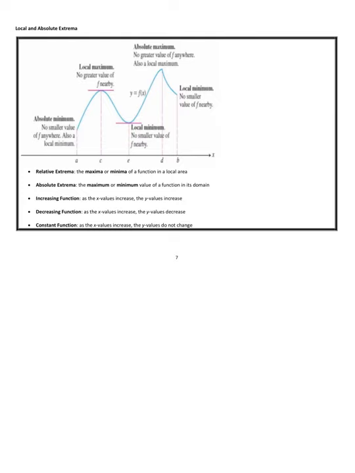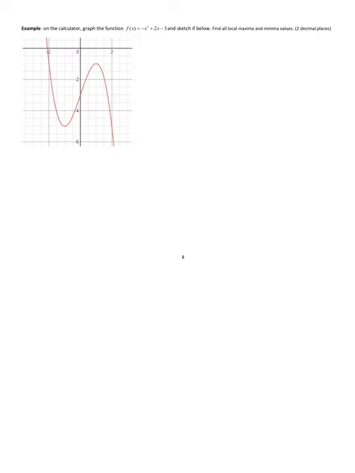So here, this is the absolute minimum, and this is the lowest possible value. The local minimum, you can see this is the local maximum. And this is the lowest in that neighborhood. This one is the highest in the neighborhood. Local minimum is the lowest in the neighborhood, and absolute maximum is the highest value in the entire graph. And do some examples here.